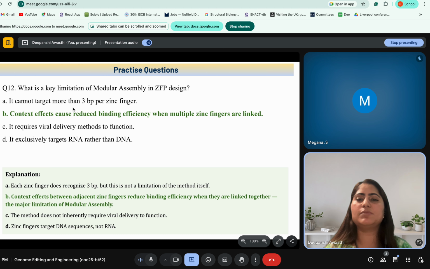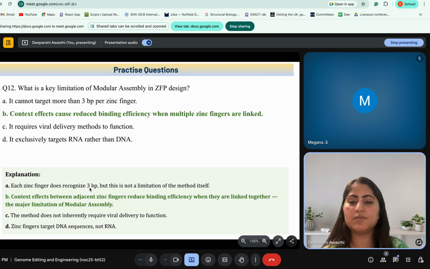Okay, so this option is a bit not written properly. So it cannot target more than 3 base pairs per zinc finger. It is true that one zinc finger can target 3 base pairs, but in the case of modular assembly, because we are joining multiple zinc fingers, it is not just limited to 3 base pairs. So this point is true, but this is not the key limitation.